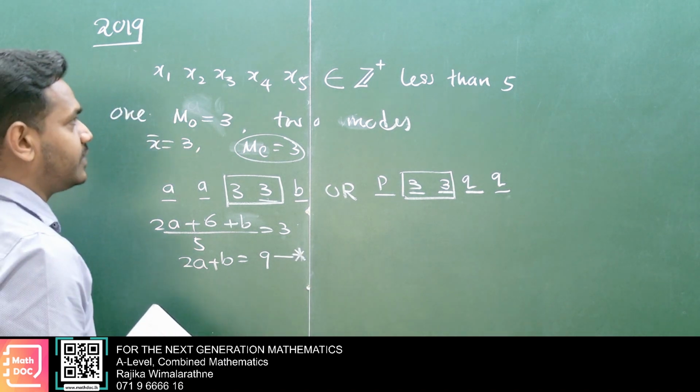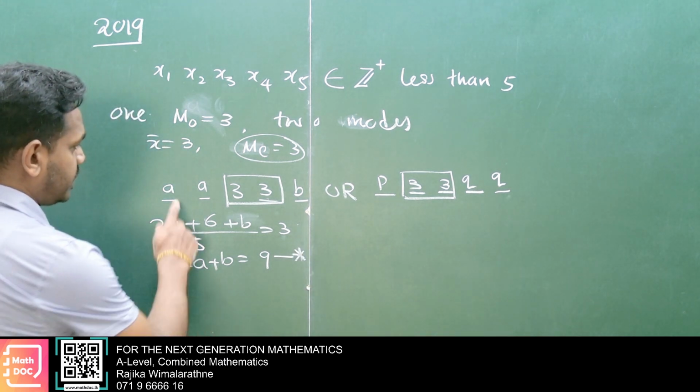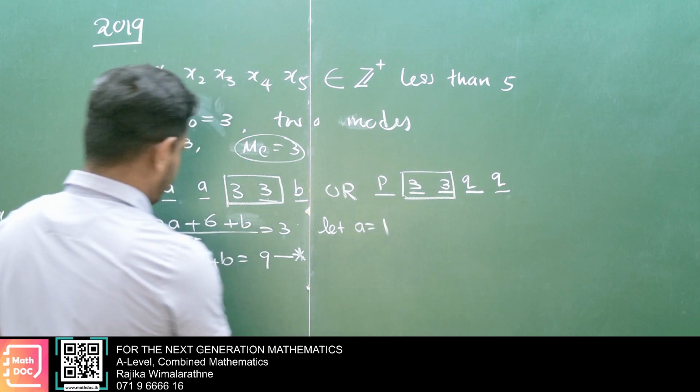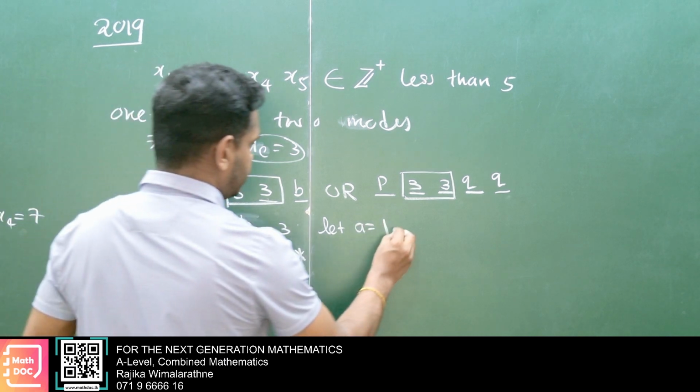Now you try to guess values. Consider A equal 1, B equal 7.